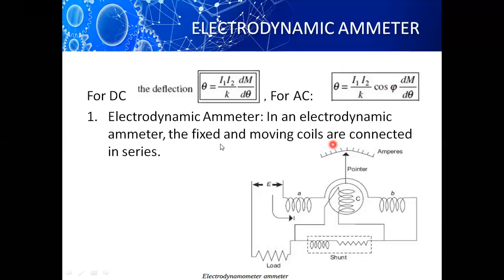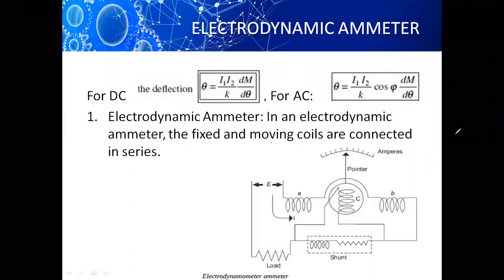Now coming to this ammeter, current I1 is I, and current I2 is also proportional to I, where I is the input current, or the load current, which we want to measure. So let me write it here.